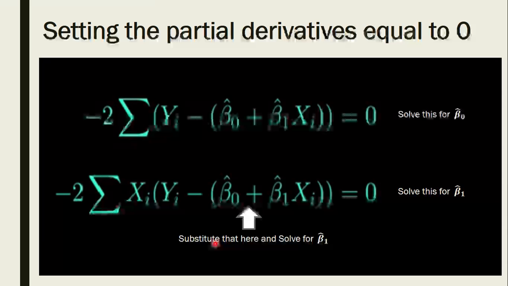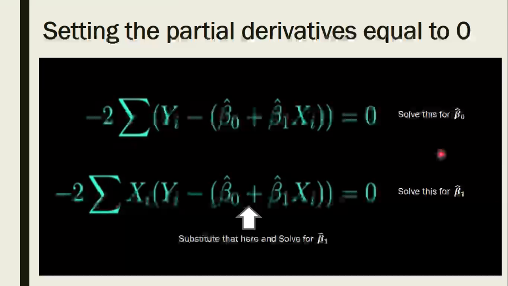Now setting the partial derivatives equal to 0. We have two equations and two unknowns, and we are going to solve these to find our estimators beta naught hat and beta 1 hat.